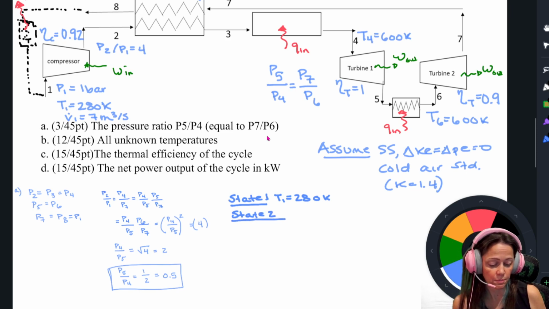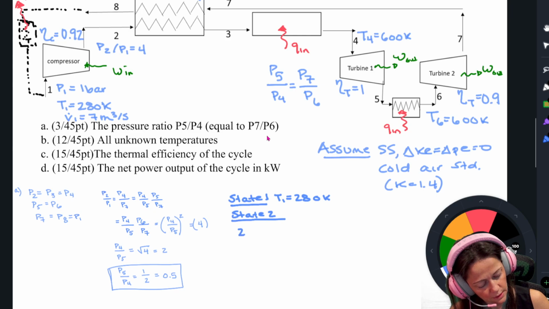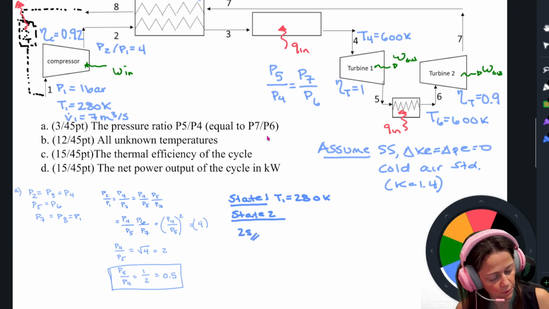And then state 2. I've got an isentropic efficiency for that compressor, so I'm going to need to figure out state 2s and state 2. So state 2s is going to be found using an isentropic relationship.